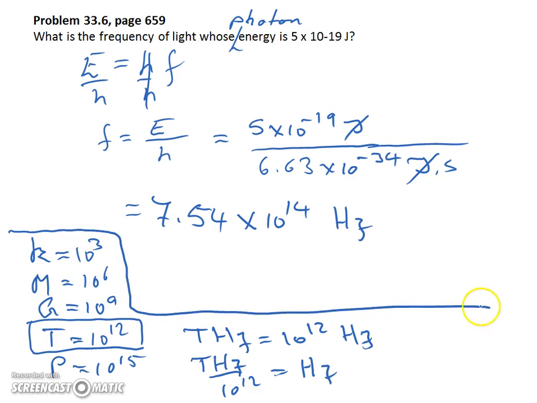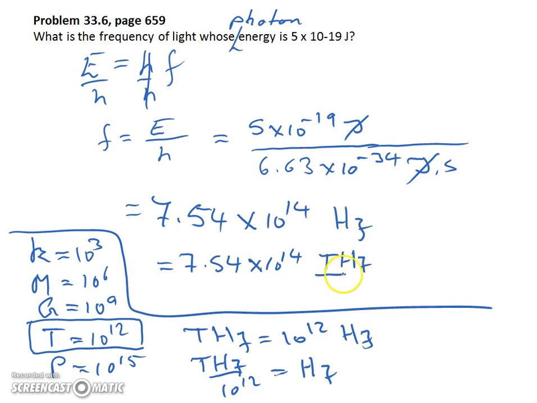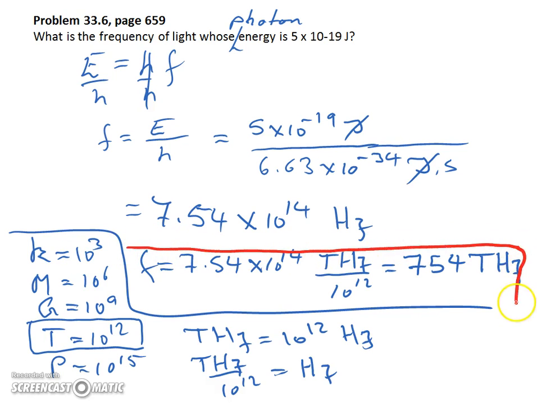So this number, the frequency, is equal to 7.54 times 10 to the 14 times terahertz divided by 10 to the 12, which is equal to 754 terahertz. So that's my preferred form for this answer.